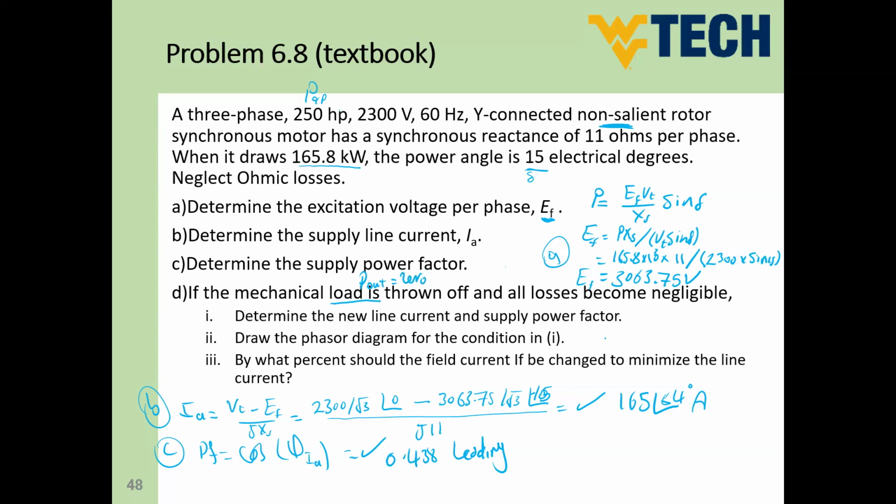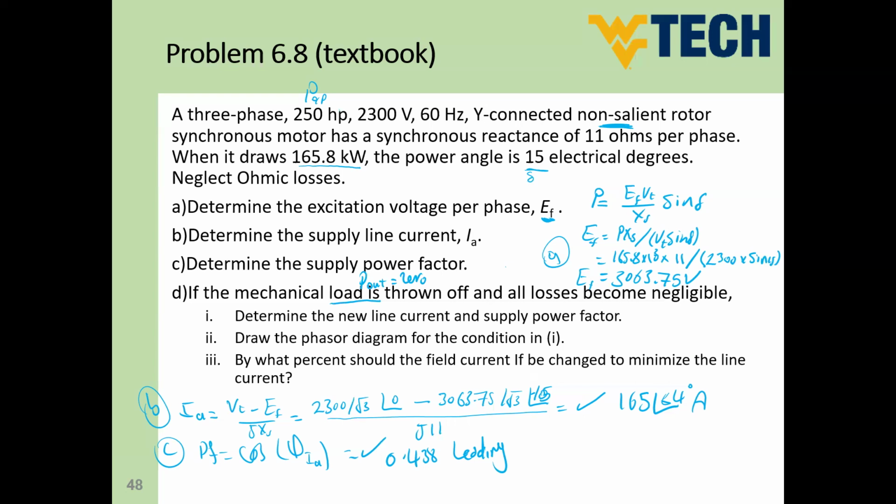And all losses are negligible, so you have now input power equals 0. First thing is determine the new line current and supply power factor. So this is very practical, guys. Practical question. So did he mention anything about the excitation?